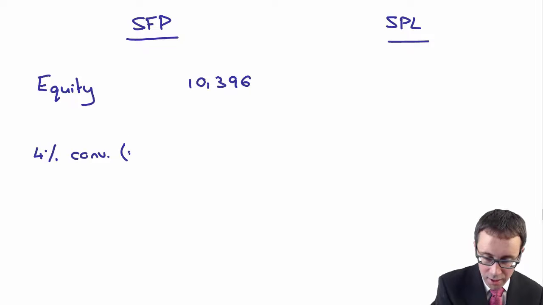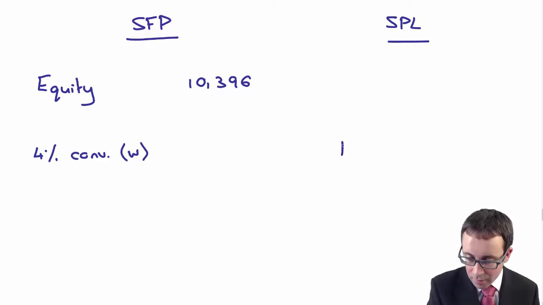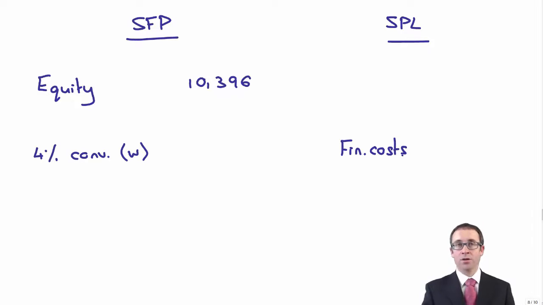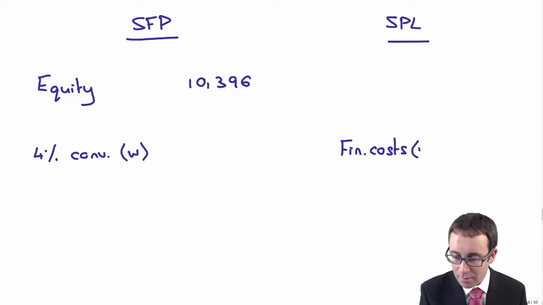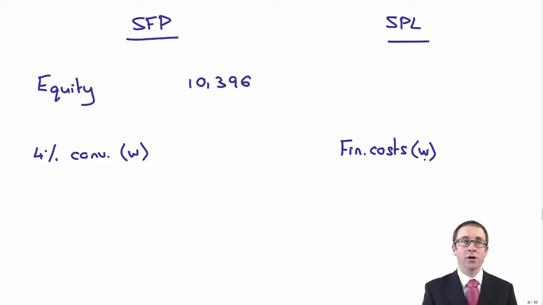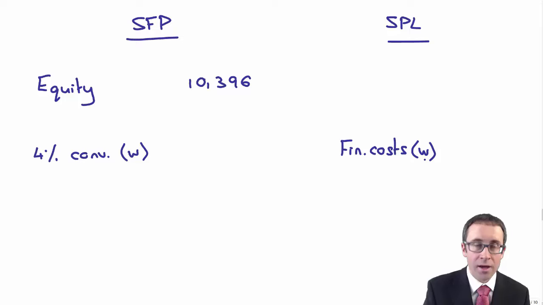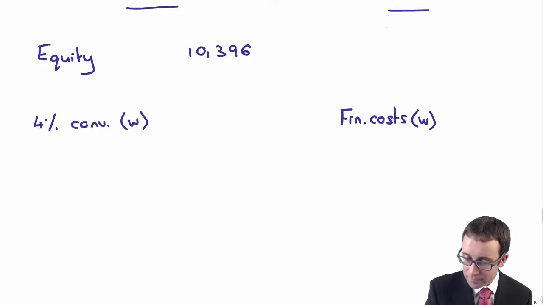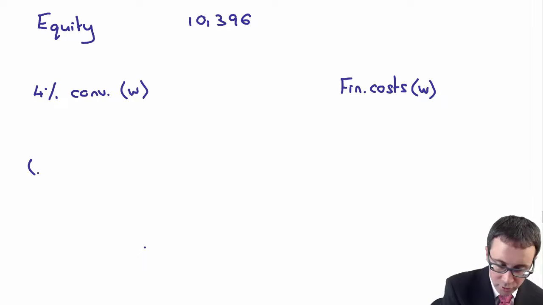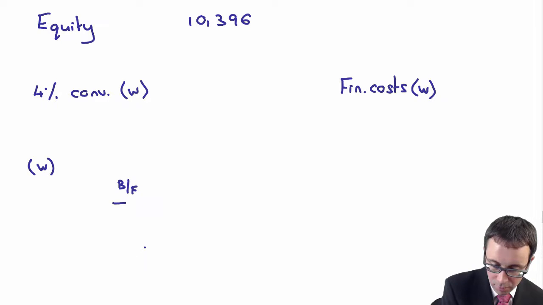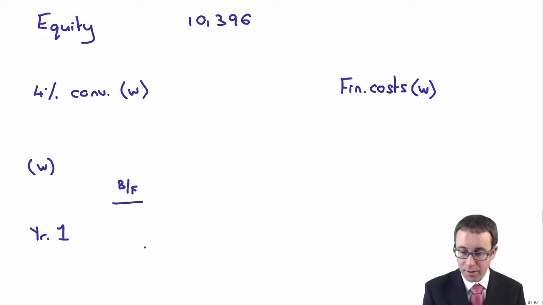What we'll need to do there is we will need to do a working to help us work out not just the year-end liability, but also the finance costs. Okay, so what you've got there is that if we draw in a separate working, so are we looking there, is it at year 1?